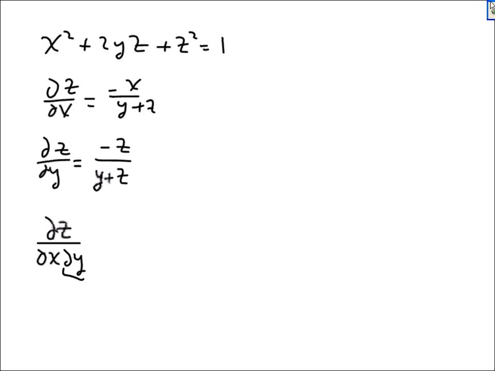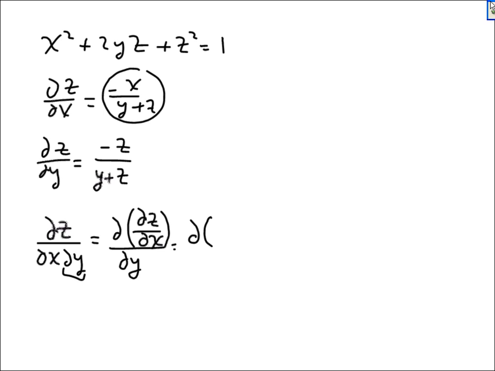That means now I want to take the partial with respect to y of what I just had. That is, I have partial z with respect to x. I want to take the partial of that with respect to y. That is, I want to take the partial of this with respect to y.